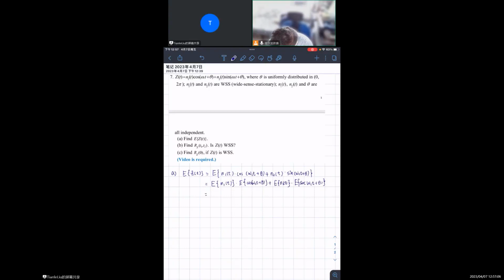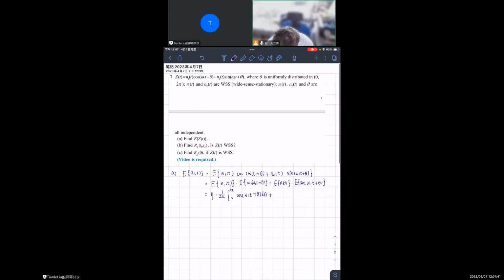Firstly, since we know that N1(t) is wide-sense stationary, we can directly write it as mu1 multiplied by 1 over 2 pi times the integral from 0 to 2 pi of cosine(omega_c t plus theta) d theta. This is the expected value form for cosine.